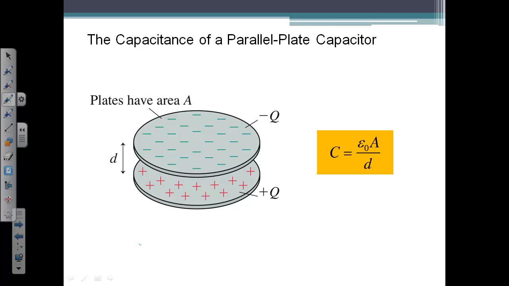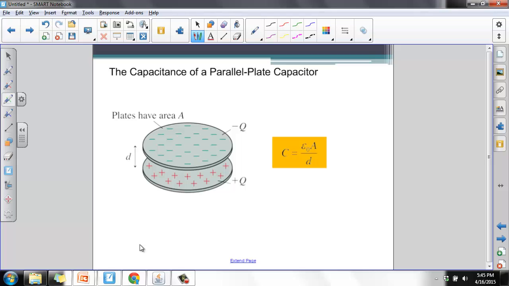Let's look again at a parallel plate capacitor and see if we can find out the equation for the capacitance. Well, we've got the answer right there, so that should be pretty straightforward. We already looked at the equation that we had for delta VC. Remember that delta VC is equal to Q times D divided by epsilon naught A. Well, remember that the definition of capacitance is Q divided by delta VC.